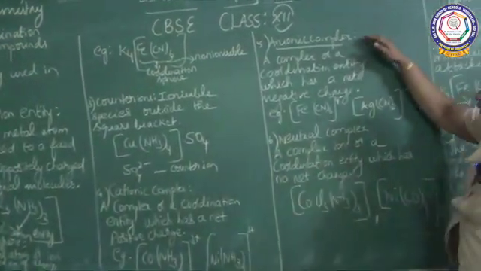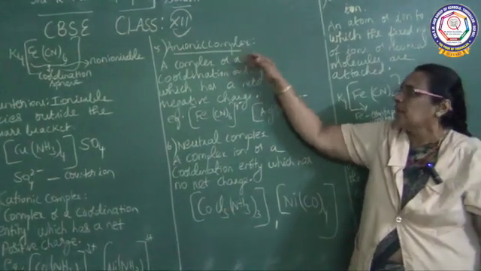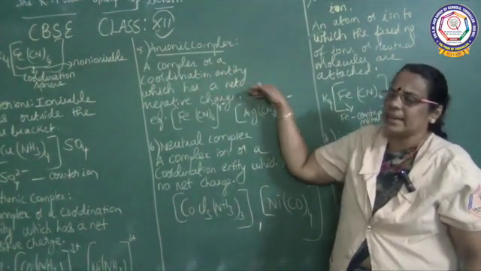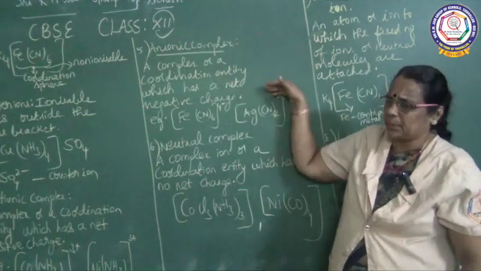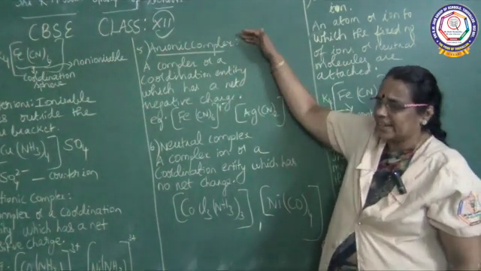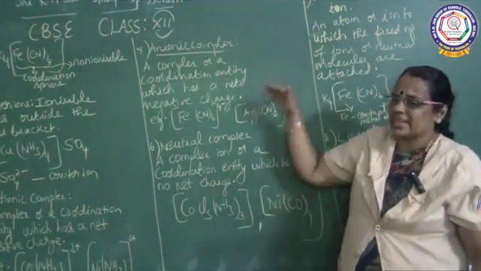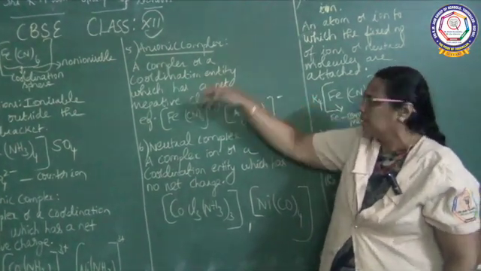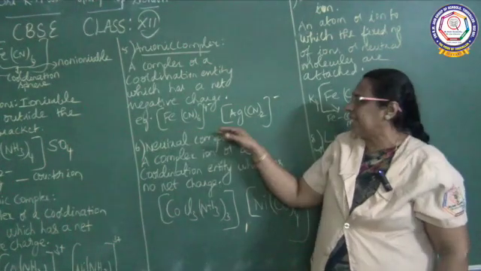Next we are going to define anionic complex. A complex or coordination entity which has a net negative charge, we can call it an anionic complex. For example, Fe(CN)6 4 minus.